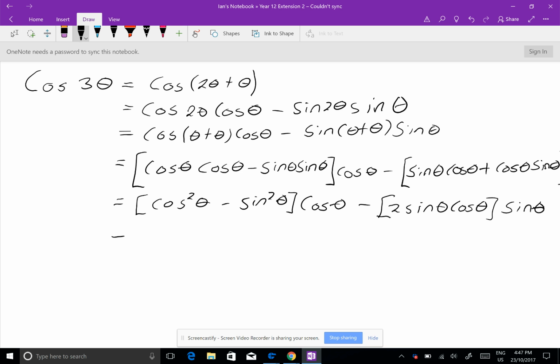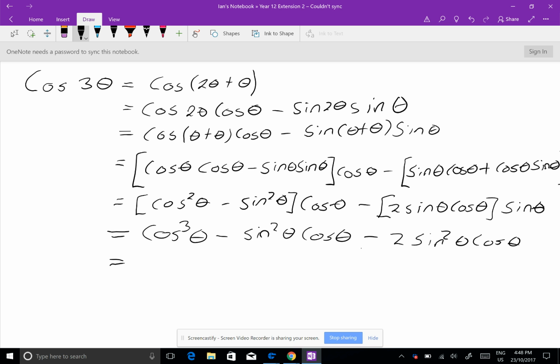So that'll give us, when we expand this, cos cubed theta minus sine squared theta cos theta minus 2 sine squared theta cos theta.